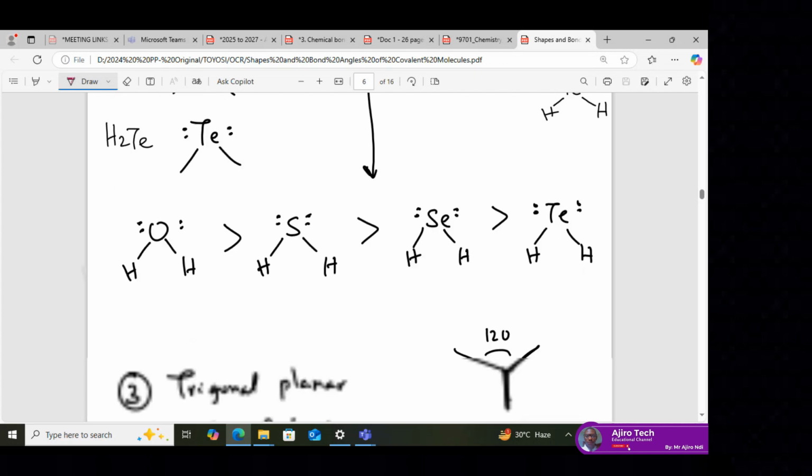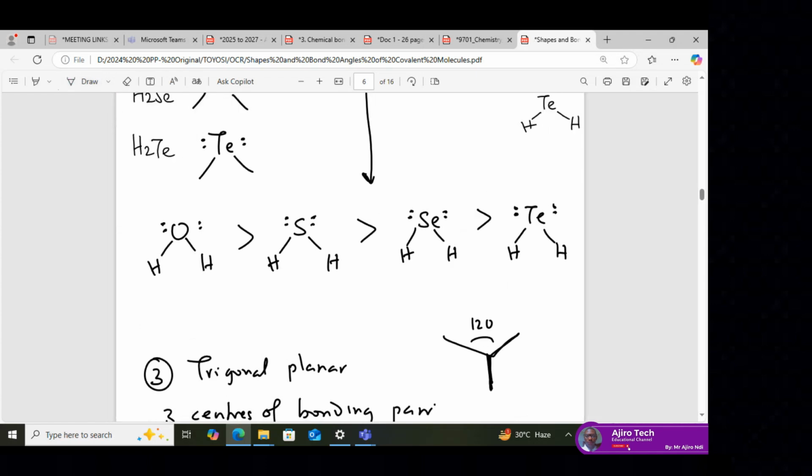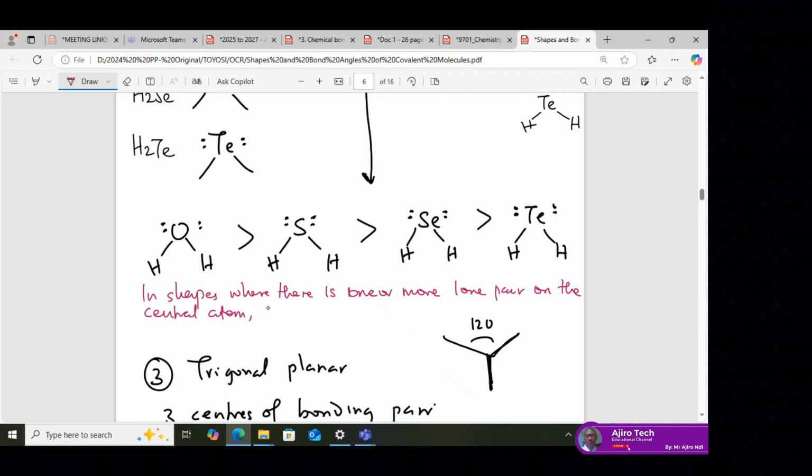Now, in shapes where there is one or more lone pairs on the central atom, bond angle decreases down the group.